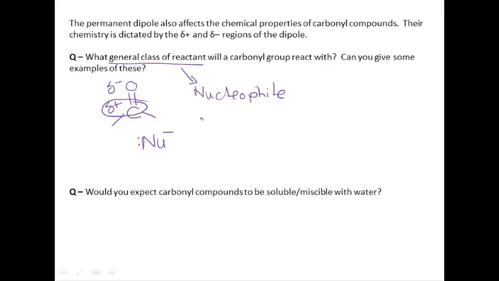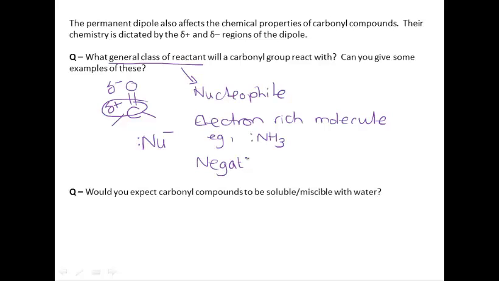So which kind of molecules make up nucleophiles? We can have electron-rich molecules. So that can be things with a lone pair, for example ammonia. Lone pair here. And also negative ions. So in this case something like the cyanide ion. And the lone pair is here on the carbon.